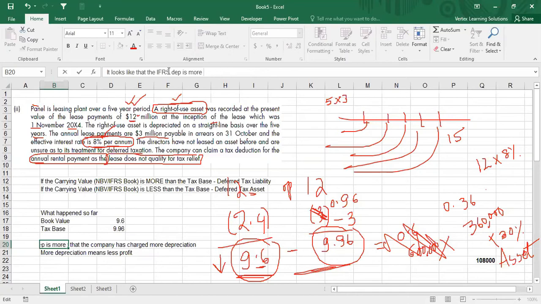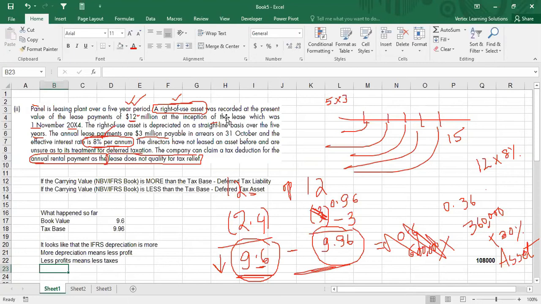Let me write it down like this so that it becomes clear. IFRS depreciation is more. More depreciation means less profit. Less profit means less taxes. So IFRS tax is less.